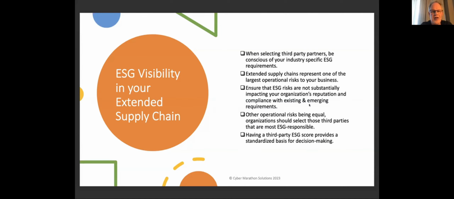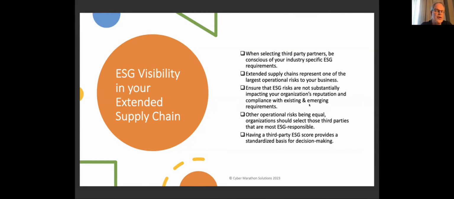Having said that, I'll also say that generally ESG today is not the factor that's driving the decision about which third party you use. Other criteria are being used for that. ESG, as more regulation comes along, will become more important, but generally it's not the driving factor in doing it.